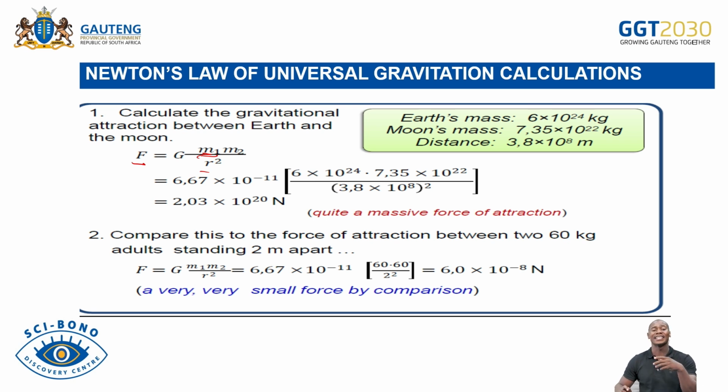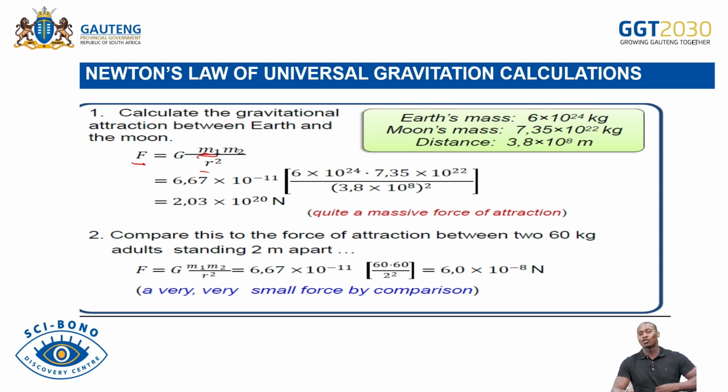If you're given distance in centimeters or millimeters, you can't just use those as they are. Or if you're given the distance in kilometers, you cannot use those kilometers as they are. We need distance in meters. So you must be able to convert centimeters to meters, kilometers to meters, millimeters to meters. Then you'll be able to get your calculations correctly. That is very, very important.